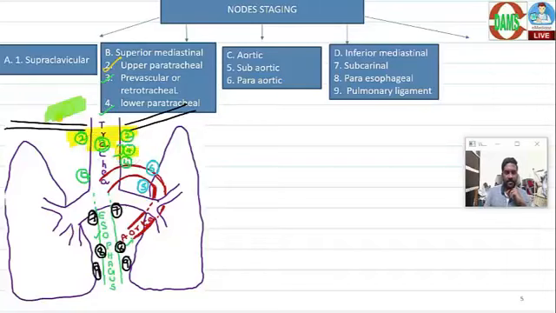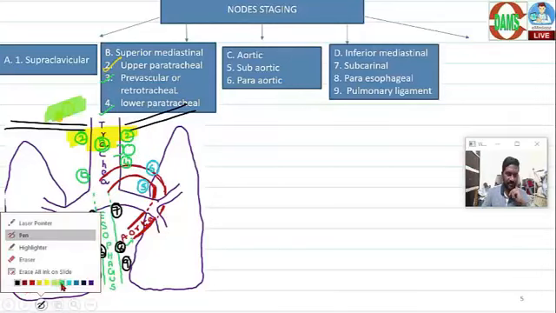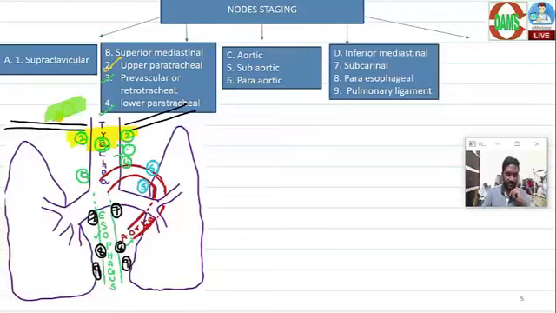Prevascular or retrotracheal will have the same number, number 3. Either prevascular or retrotracheal or both can be present. Prevascular is generally in front of the trachea, retrotracheal generally behind the trachea.